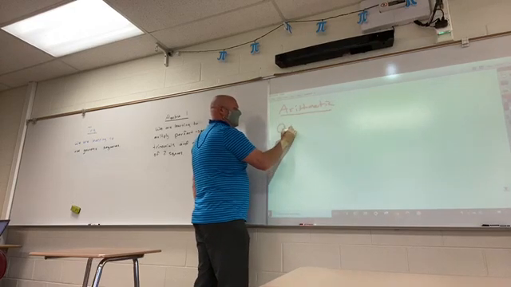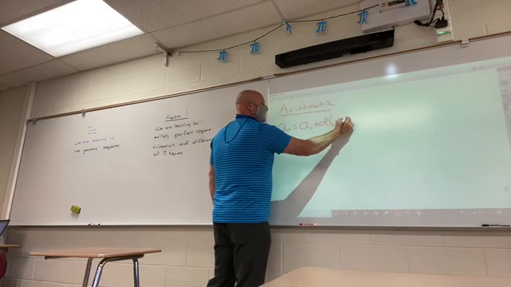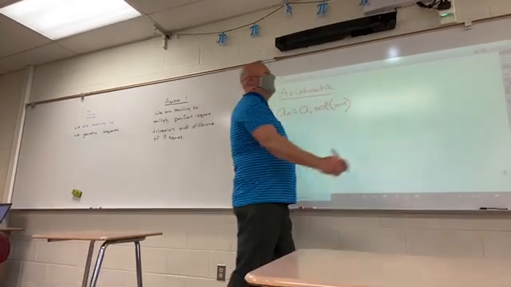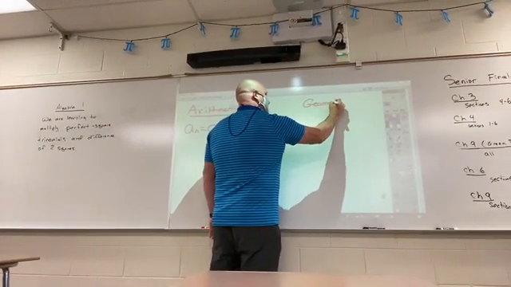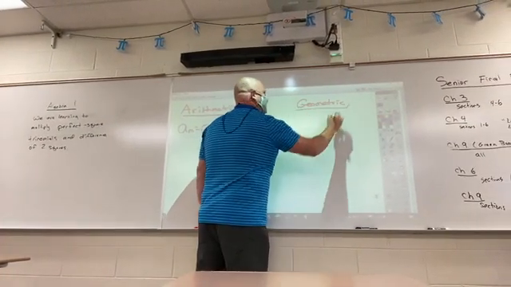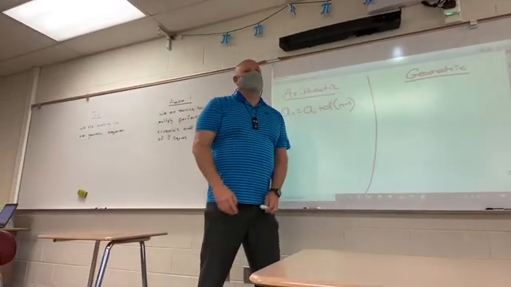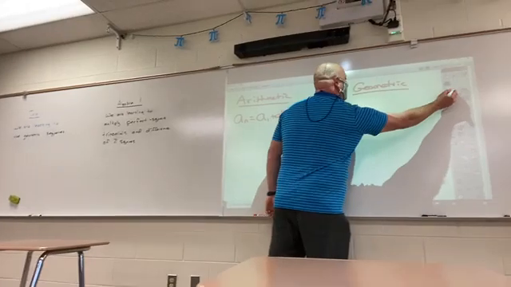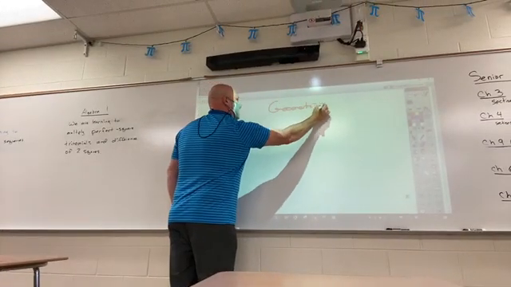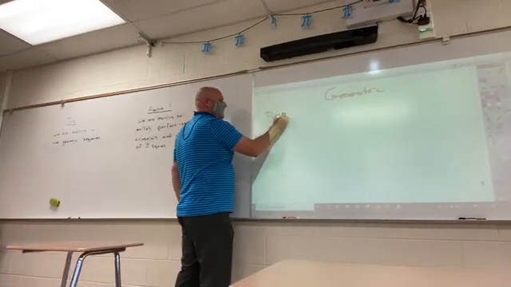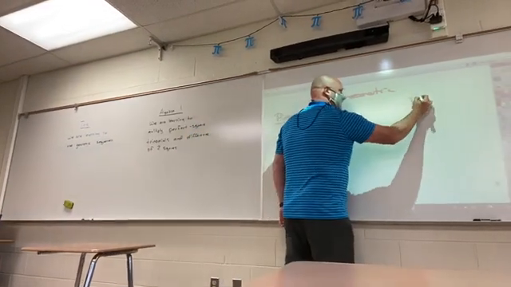Our a sub n equation is a sub 1 plus d times n minus 1. What we need right now is the same kind of thing for geometric. Okay? So, with geometric, we can do things recursively again or explicit.